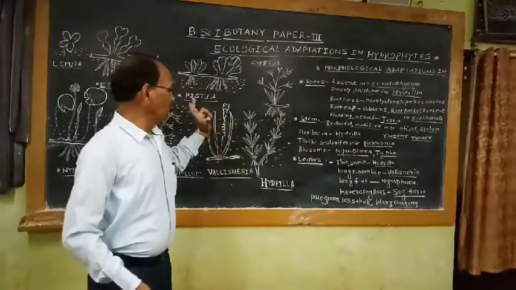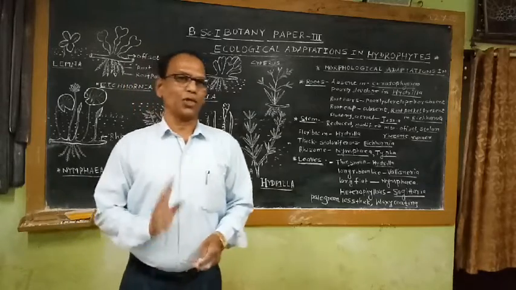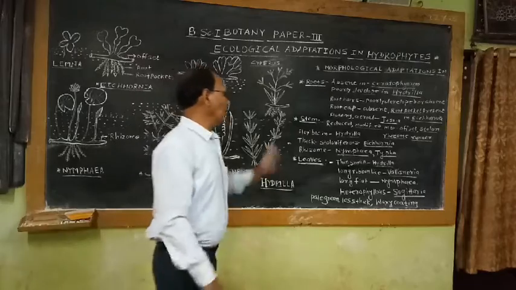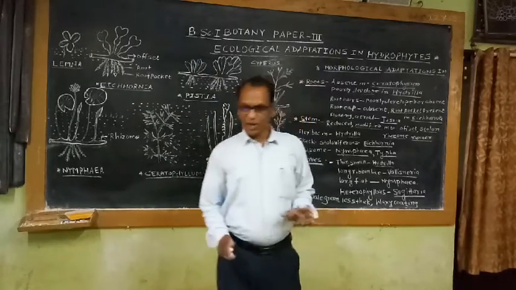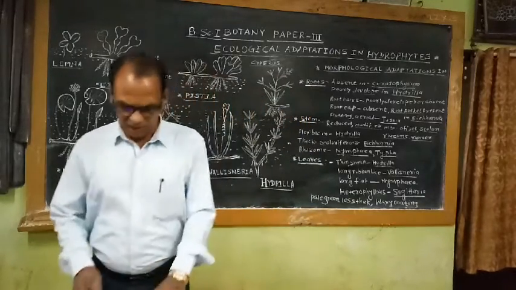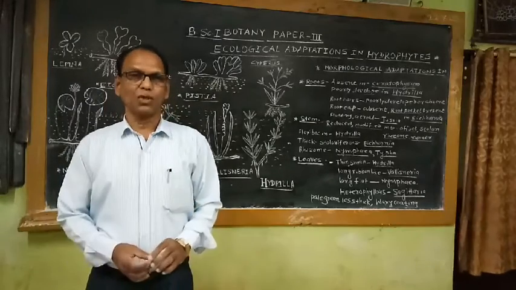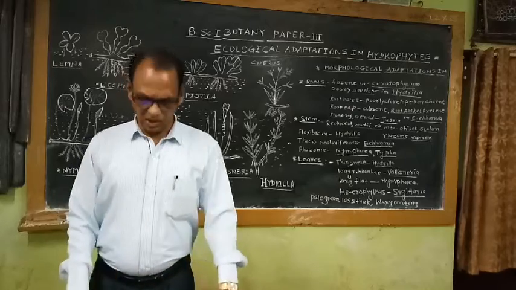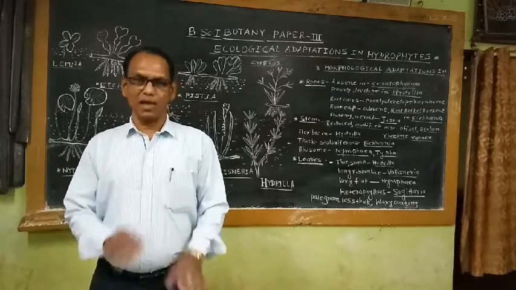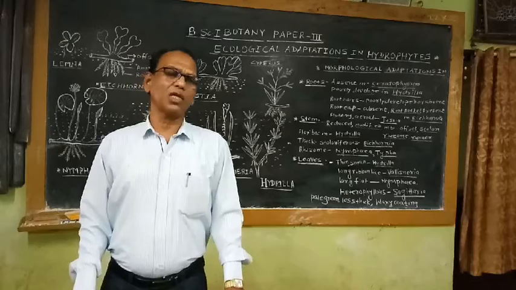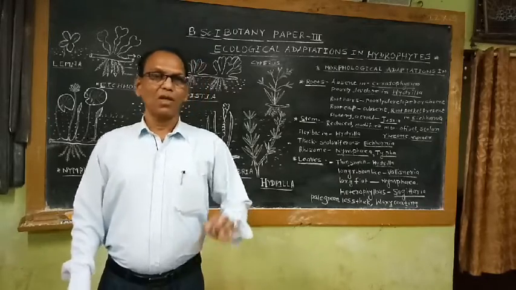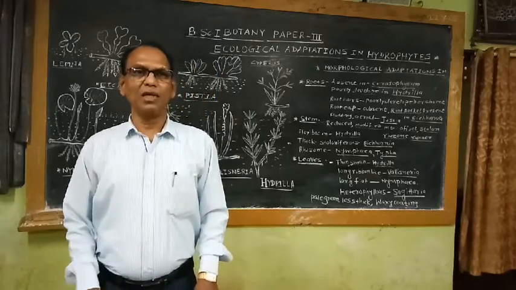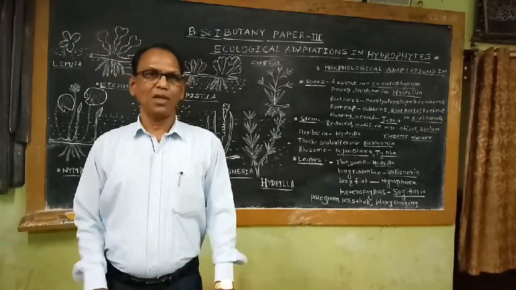Then, about the reproductive structures. What are the adaptations shown by the reproductive structures? I have told you earlier, in most aquatic plants the reproductive structures are produced on long branches, and they are produced in less number. What are the reproductive structures in flowering plants? Seeds. Seeds are the reproductive structures produced by flowering plants or higher plants.